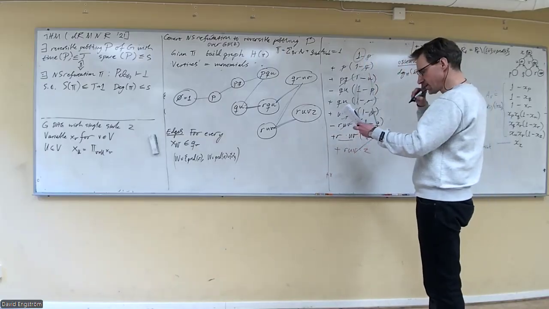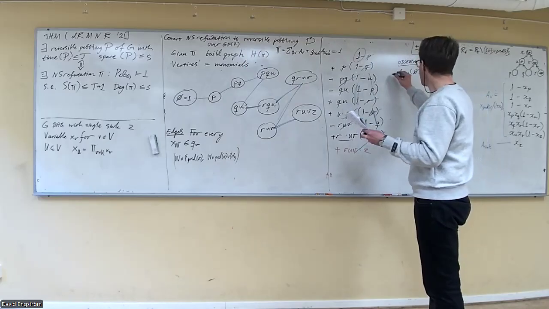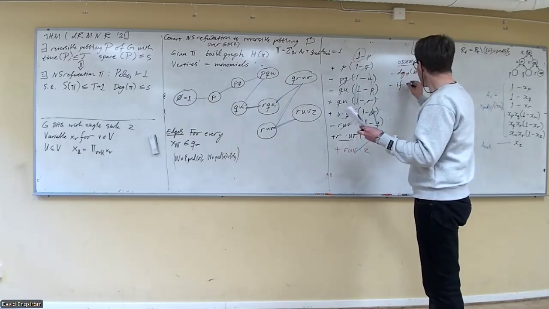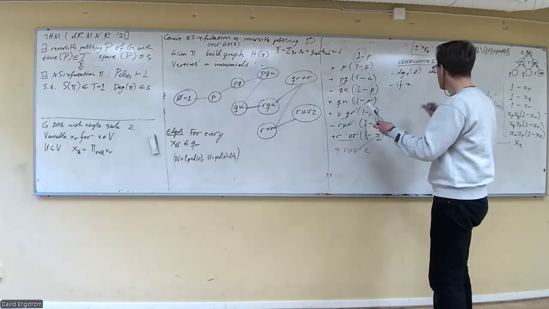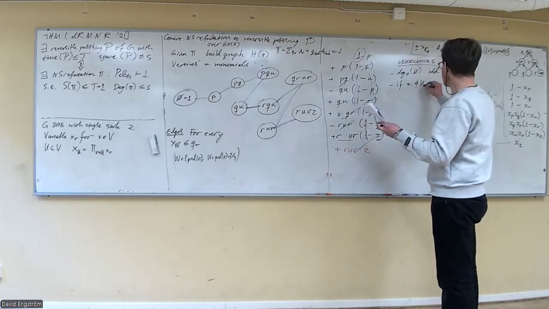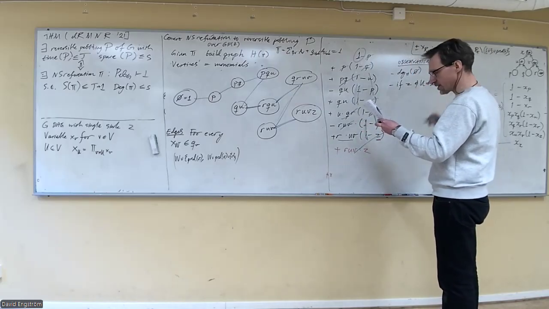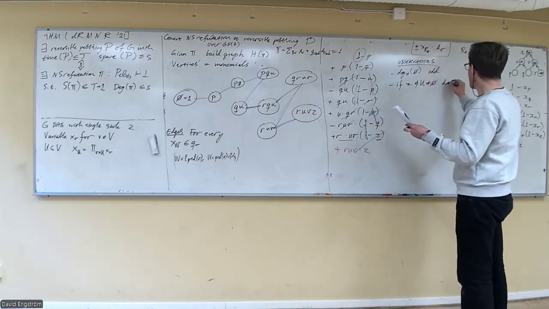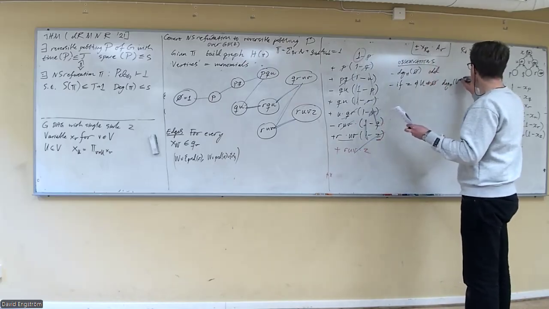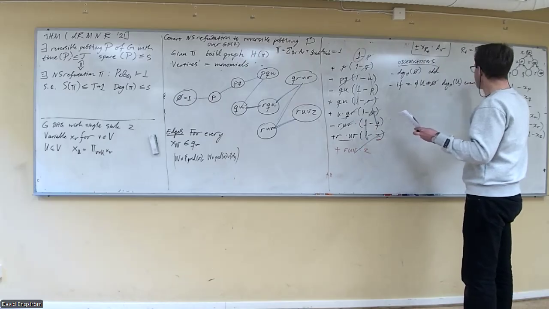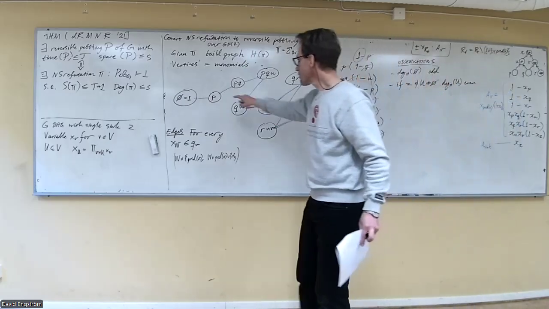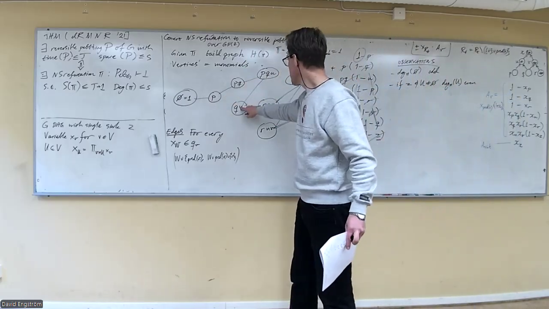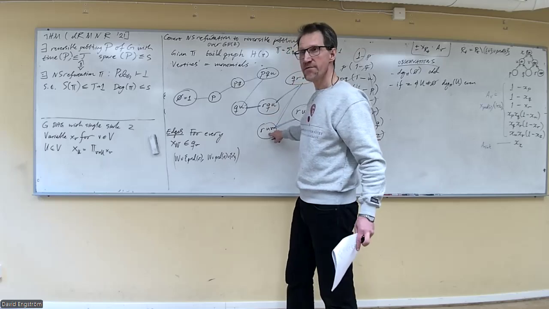For the same reason, if the sink is not in U, and if U is not empty, then I claim that the degree of U is even. Because all of these guys appear an even number of times.